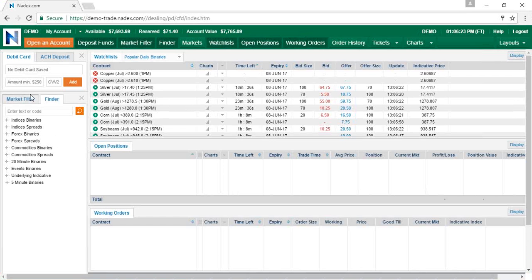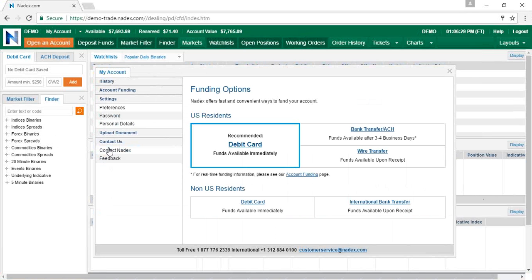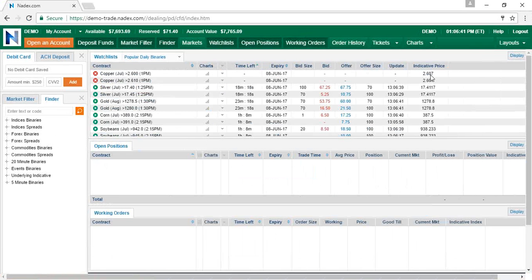And once you do that, you can go right up here to My Account, and then to Settings, and right here, Password. And you can go in and change that temporary password they give you, to personalize it and make it your own password, easy to remember. And you'll be able to log right into the demo account. But they'll give you a $25,000 demo account, which is great.